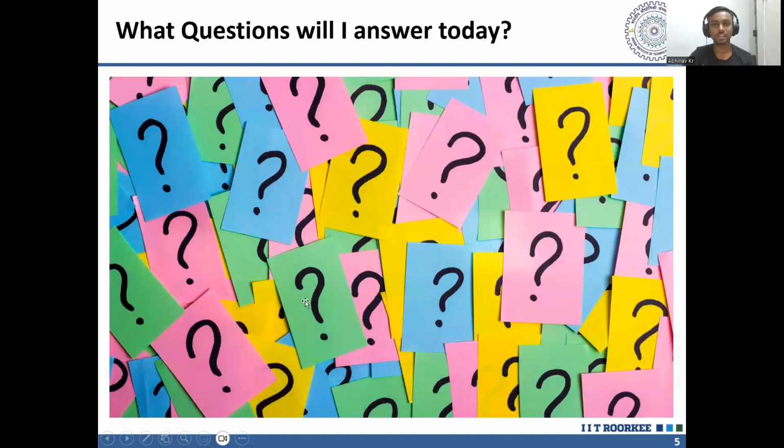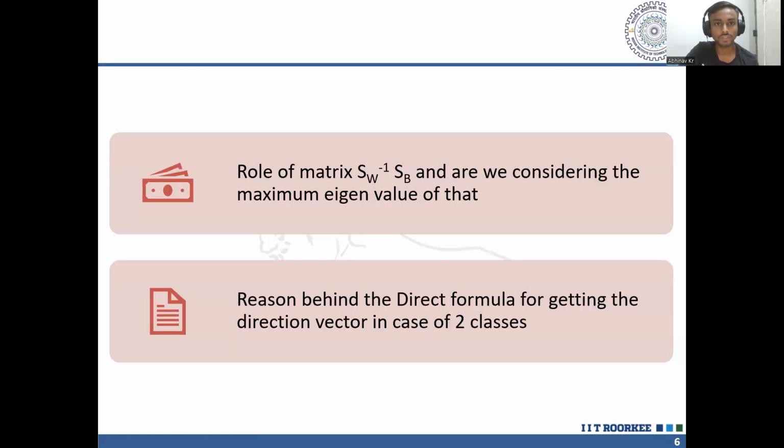What questions will I answer today? Basically, I'm talking about the main agenda of my PPT, which is the role of the matrix SW inverse SB, and why we are considering the maximum eigenvalue of that. I will explain this later. And the reason behind the direct formula for getting the direction vector in case of two classes.